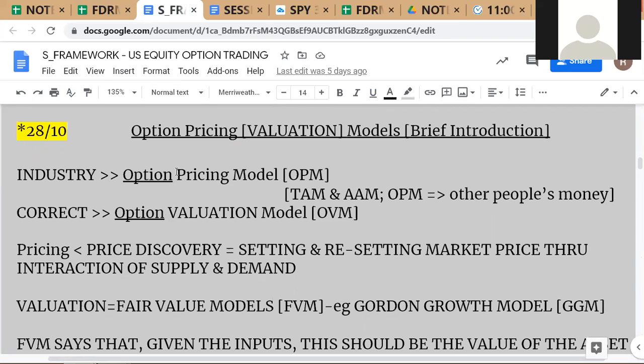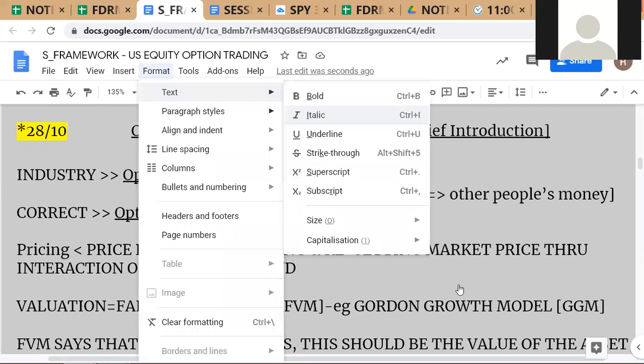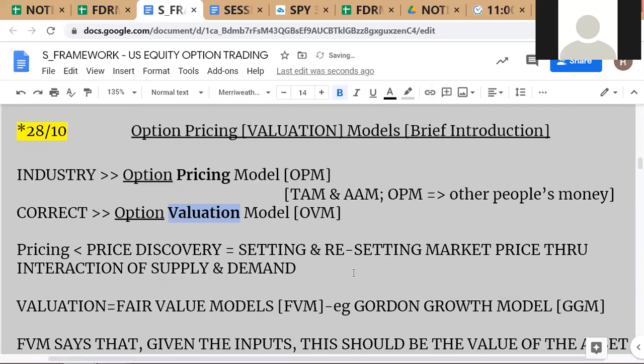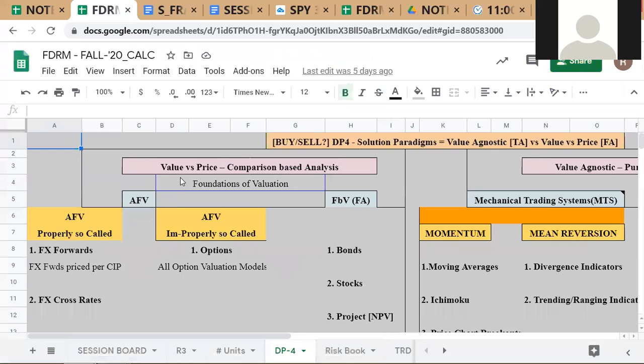What you have to learn here is that in the industry you have to be thinking at two levels. But we are discussing the difference between price and value, which you're already familiar with.